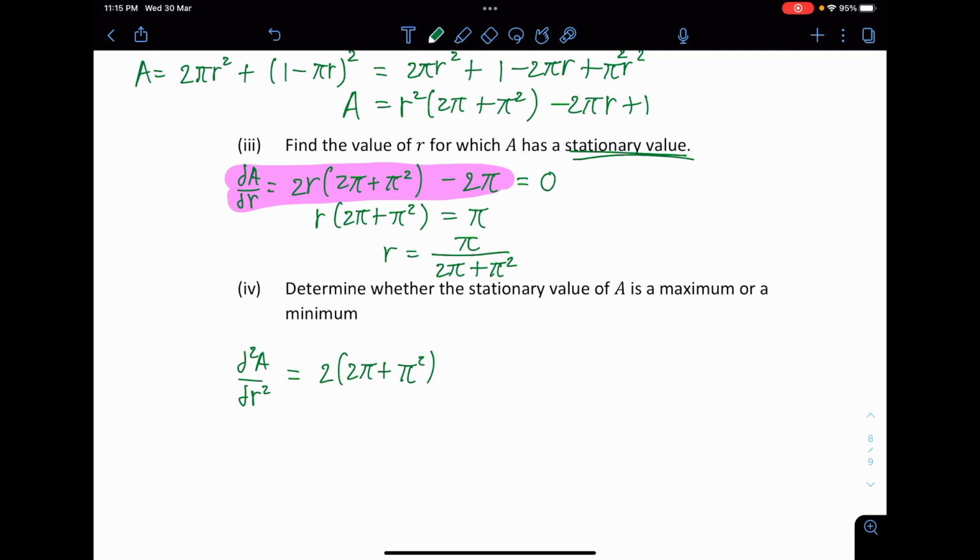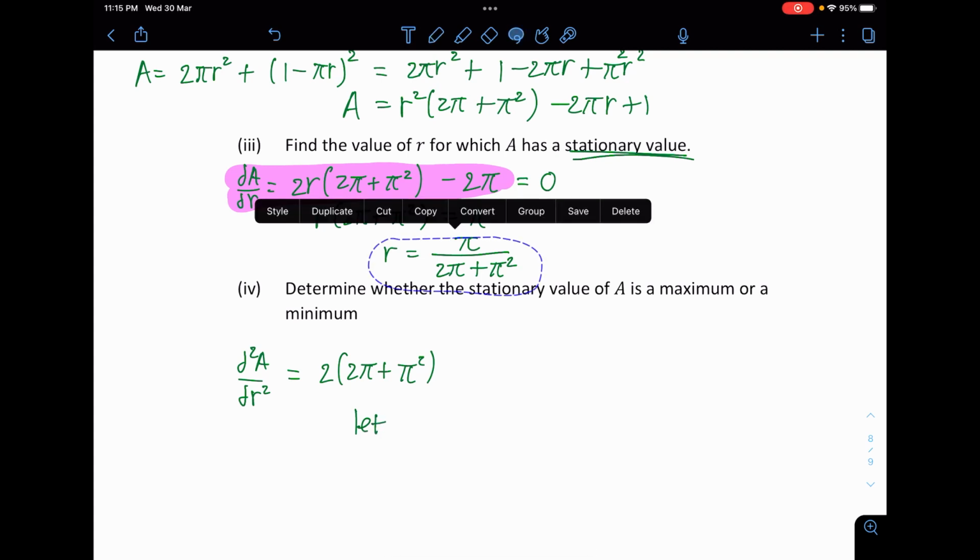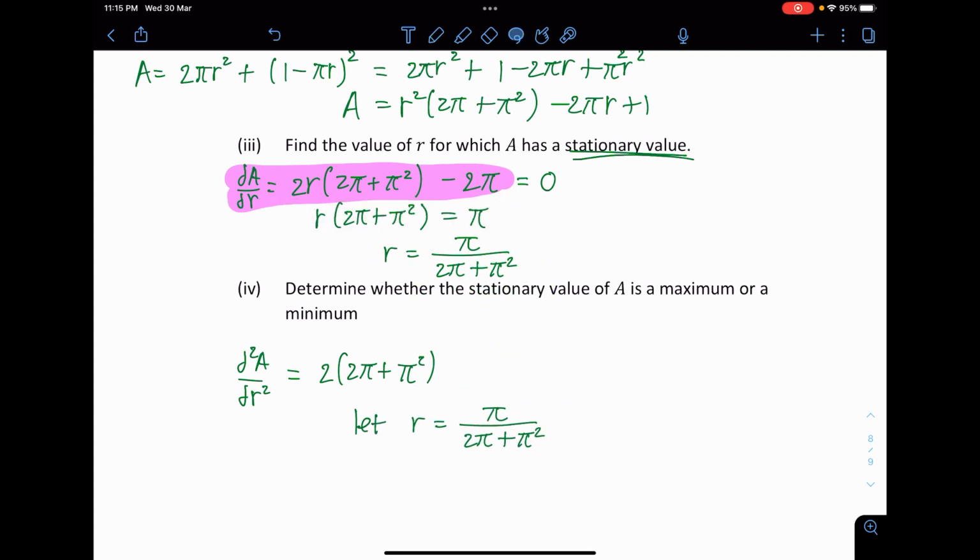Okay, I'm going to let r equal to this inside the d square A over dr square. But you see, wait a moment, this value of d square A over dr square has no r to input. It's just a constant number, just 2 times by 2 pi plus pi square. There's no variable, there's no r. What does this mean?